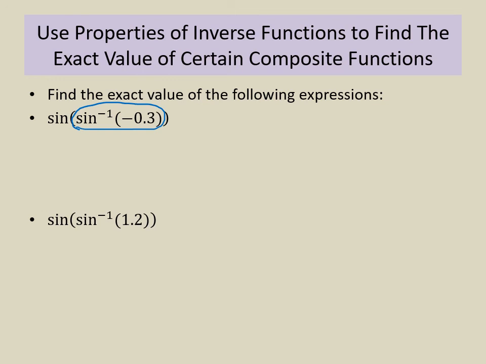On the TI-30X2S, that's what we're going to type, second and then sine. And that's going to be the inverse sine, and then we're going to put the value of negative 0.3. Make sure that you know that the negative is not the minus on that calculator. When you want to put a negative number, it is all the way on the bottom. It's the button that has the negative sign in parentheses like that.